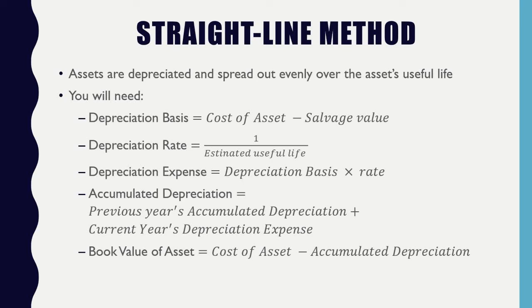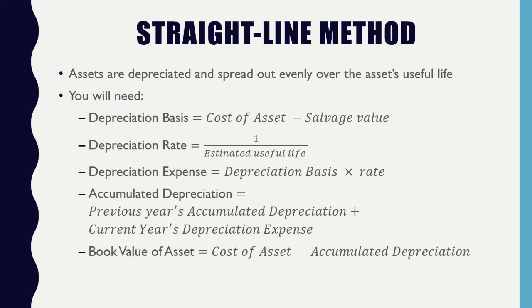As I remember from yesterday, this formula is going to be a combination between the two that we just learned, units of production and double declining. The first 3 formulas are a combination between the two. The depreciation basis is your cost of the asset minus salvage value, which is from units of production, while your depreciation rate is 1 over the estimated useful life, which came from double declining.